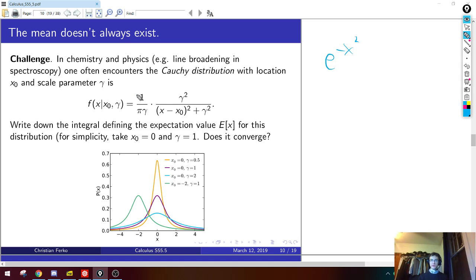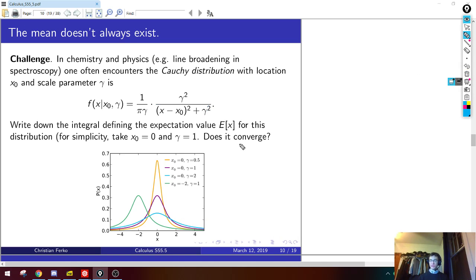The distribution is roughly some number upstairs times something which looks like 1 over x squared plus a number squared downstairs. So this is dying off at infinity very slowly because it only goes like 1 over x squared, which goes to 0 when x is large, but much more slowly than the bell curve. This is a bell curve where the tail of the distribution, the part when x is very large, gets close to 0 much more slowly.